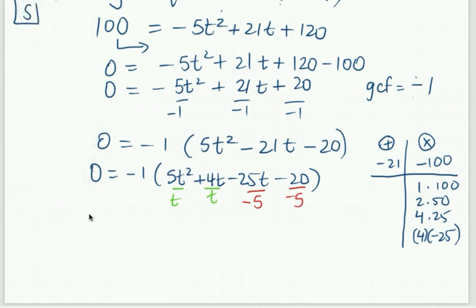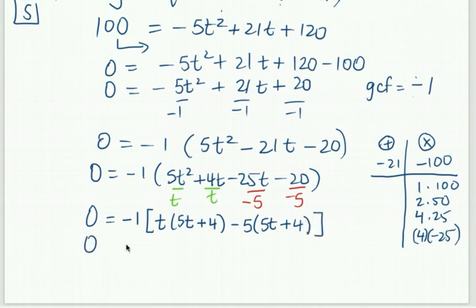And so remember, this negative could just disappear. But anyway, I don't want to confuse you guys, so I'm just going to keep carrying it. All right, so in here we have t being factored out, so that's 5t plus 4. This -5 comes out, and that leaves me a 5t plus 4 as well.